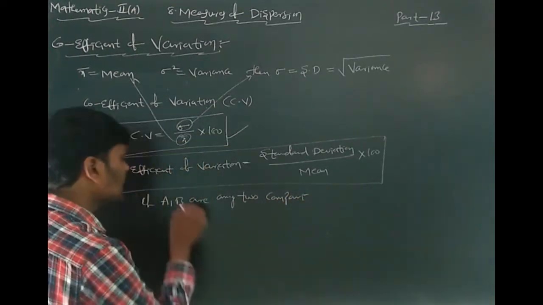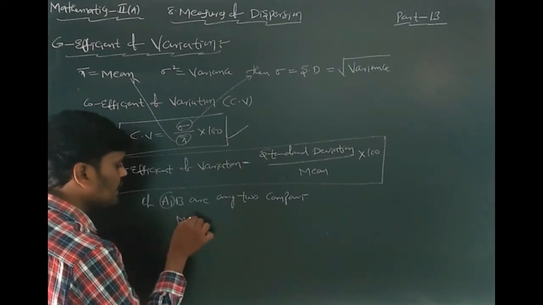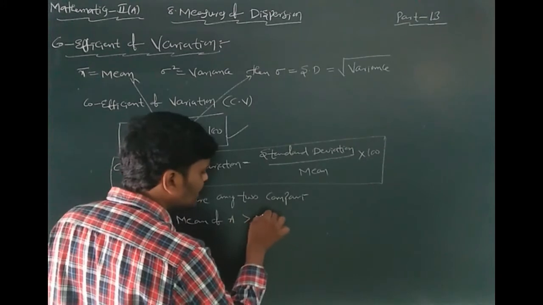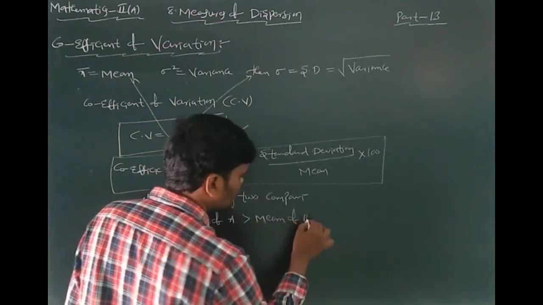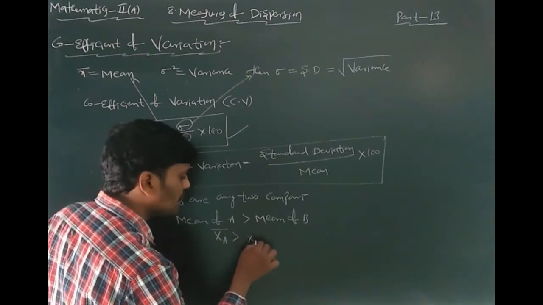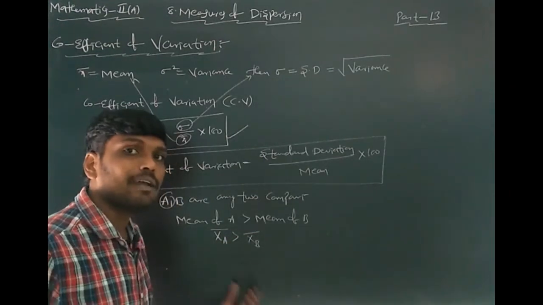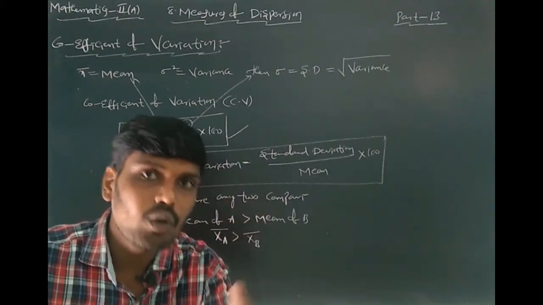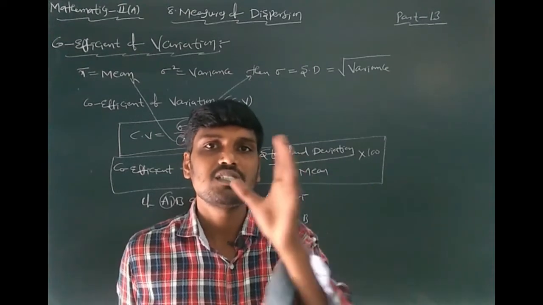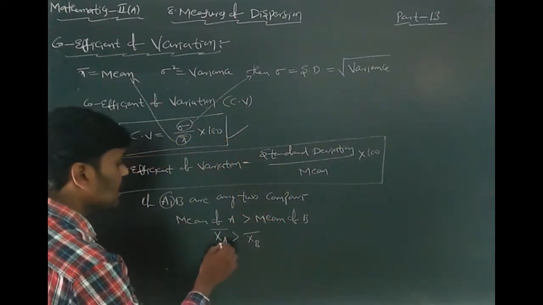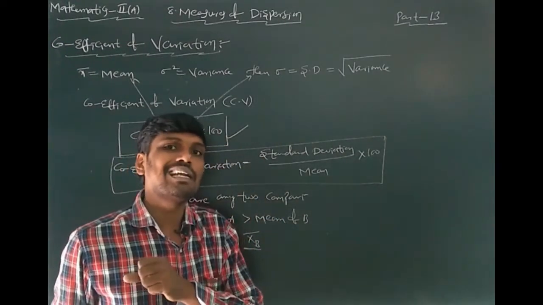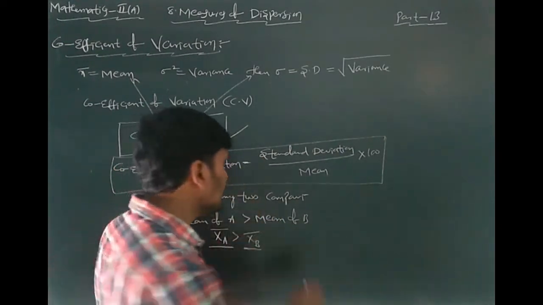In these companies, the mean of A is greater than the mean of B, that is, x suffix A is greater than x suffix B. Here the company with the greater mean is a stable, consistent company.